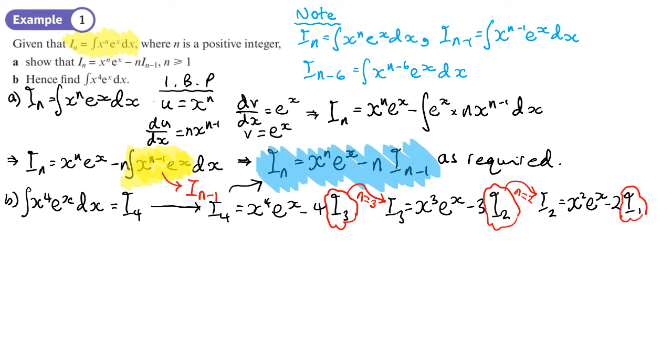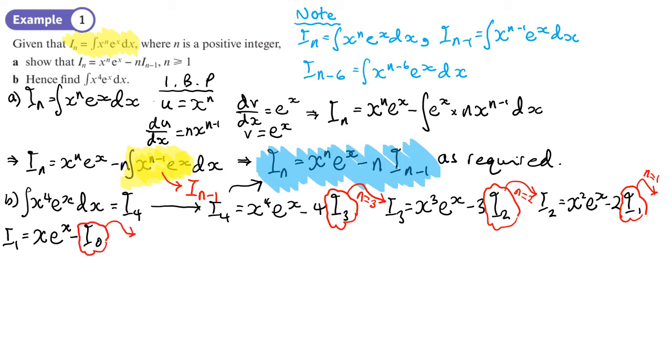We want to keep reducing it until we get something that's easy to integrate. We don't want to have to actually use integration by parts at all. So I sub 1 is equal to x to the power 1 e to the x minus 1 times I sub 0. Now what is I sub 0?